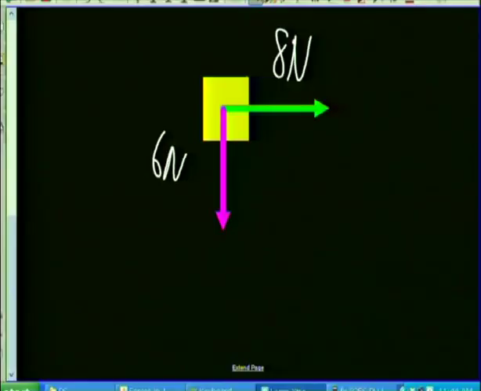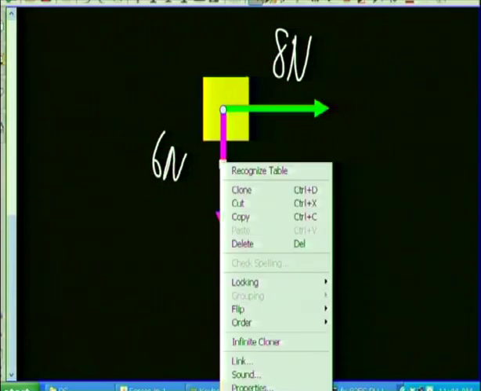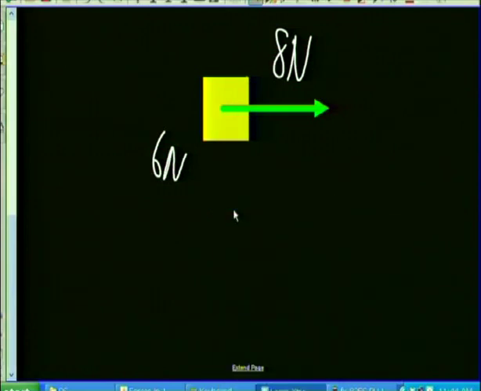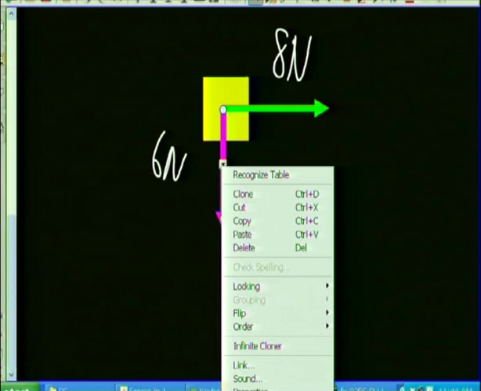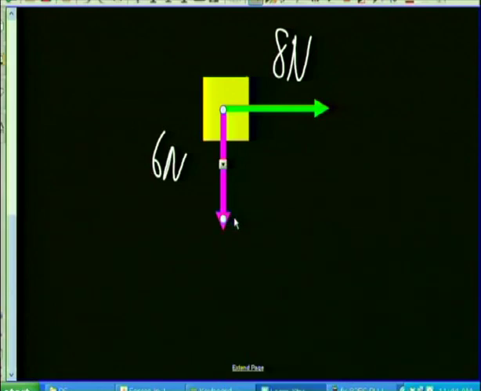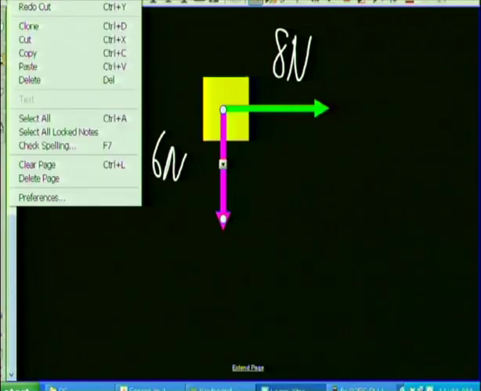We've got to do something to make sure that the vectors are drawn head to tail. So what I did last time, I'm going to do exactly the same thing, but this time I'm going to just copy this vector, and paste it.